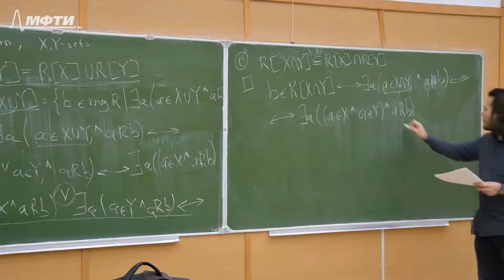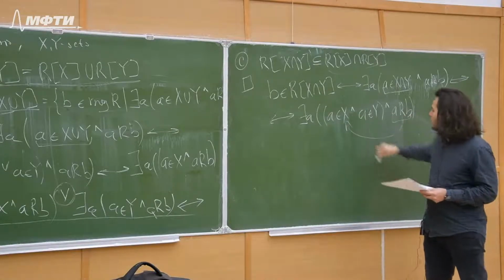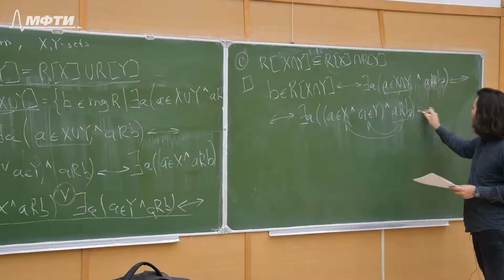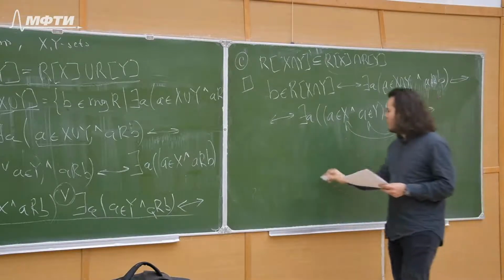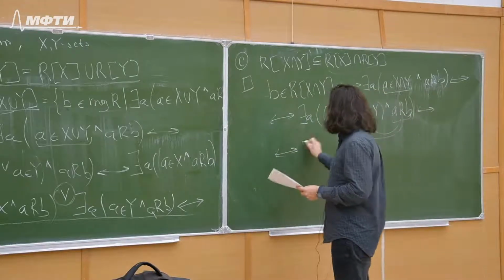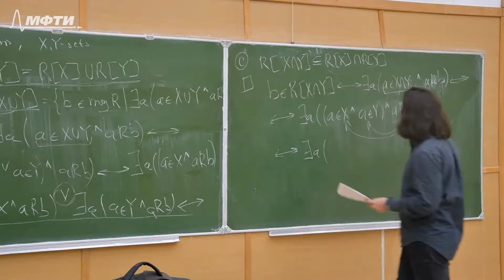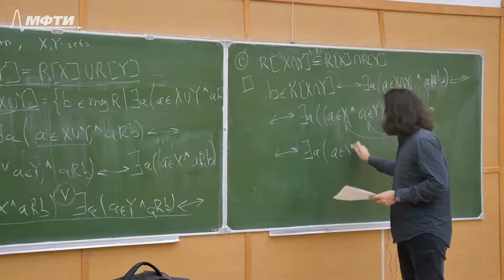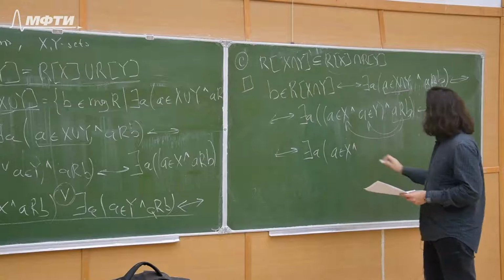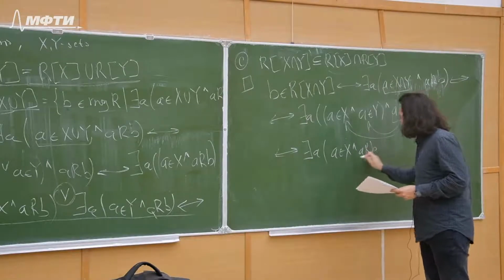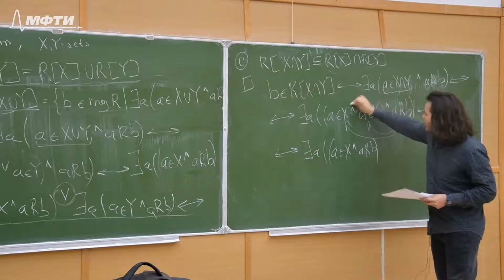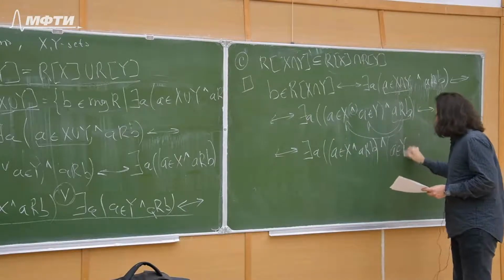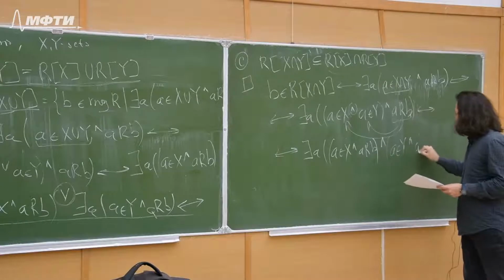Again, we can't distribute this, so we obtain, if and only if, there exists some A such that for the first case A belongs to X and A R B, and A belongs to Y and A R B.